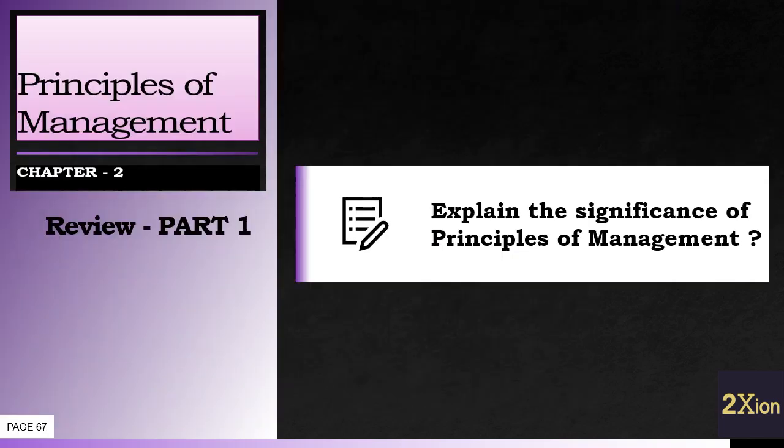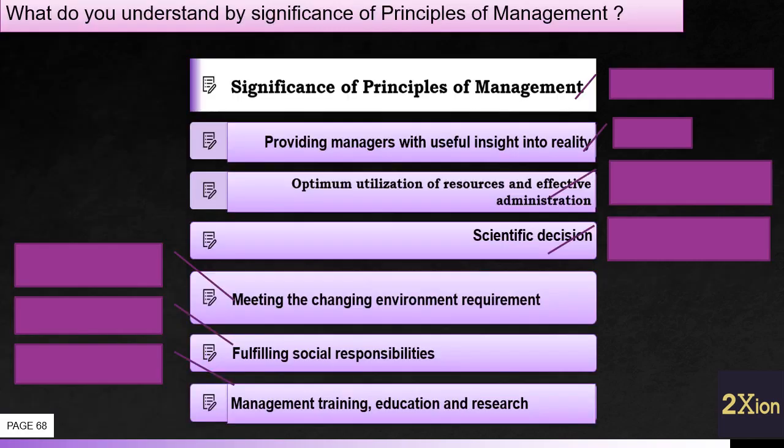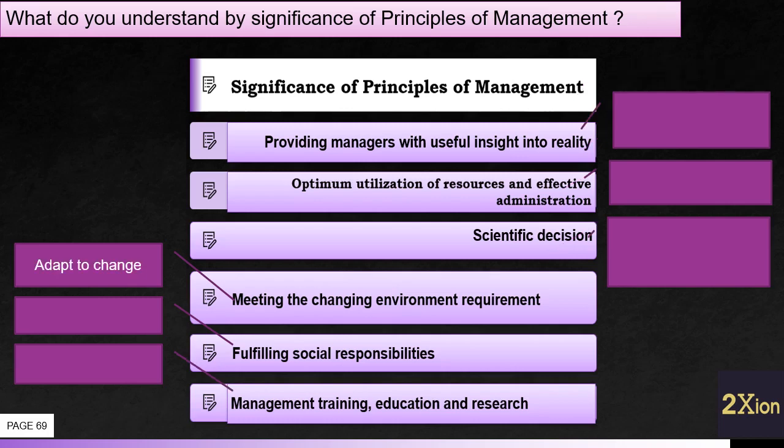What is the significance of principles of management? So the first one is meeting the changing environment requirement. What does it mean? It means you can bring changes as per the needs of the business.